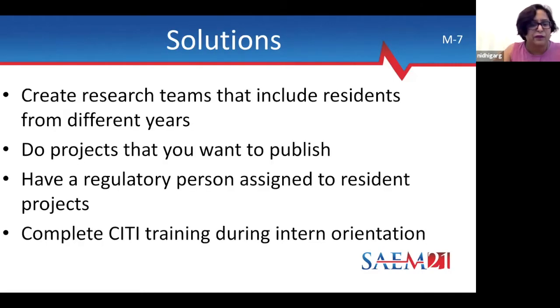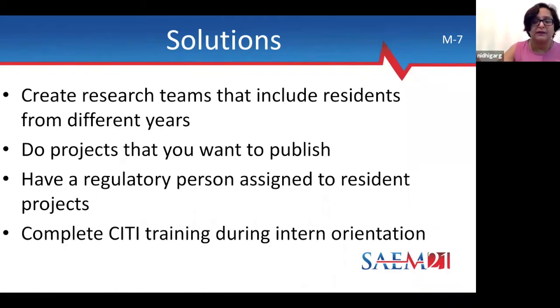So we have a few solutions for that. Speaking along those lines of the landmines which we frequently meet, I think we can do a couple of things which will help. One is to create research streams that span across different years of residents. Don't do a project with just one year of resident, like a first year or a second year or a third year.